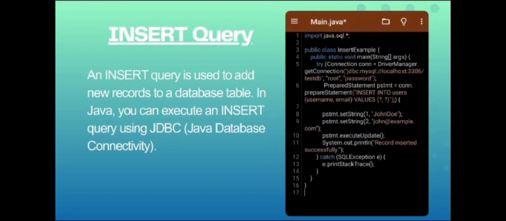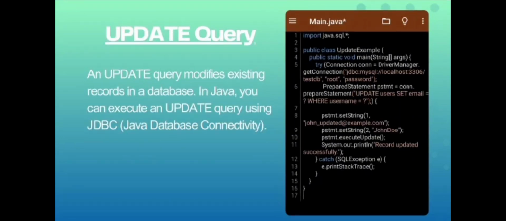These methods help maintain database security and performance, especially when inserting user-supplied data. Update query: the update query is used to modify existing data in a database. In Java, it's done using JDBC and PreparedStatement to update records securely and efficiently.